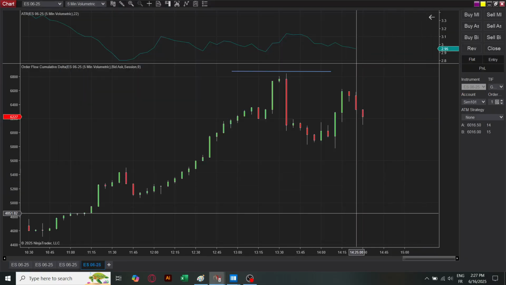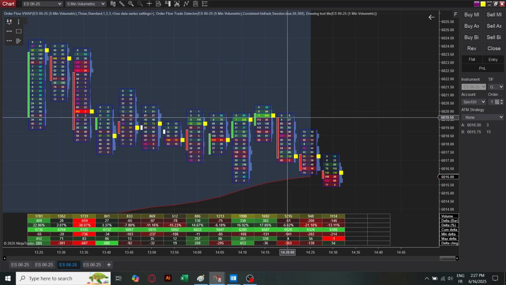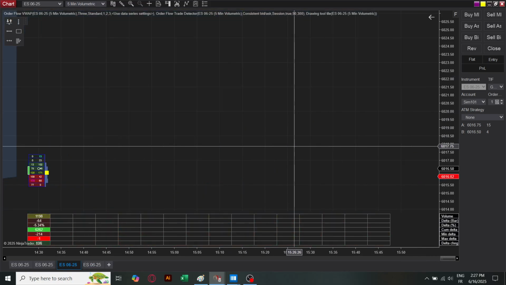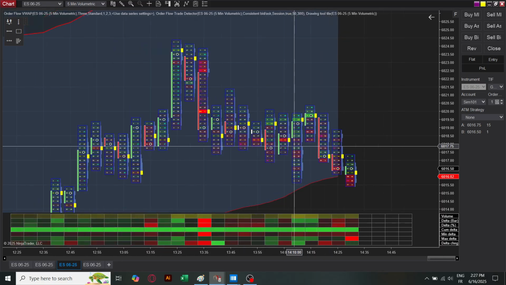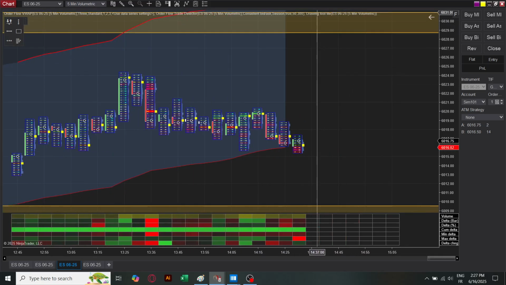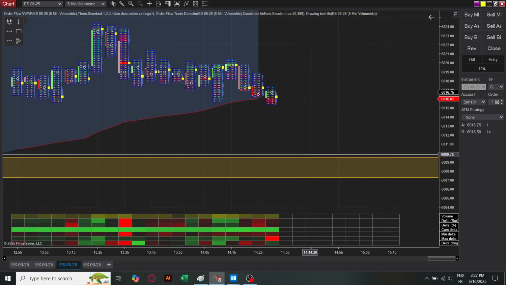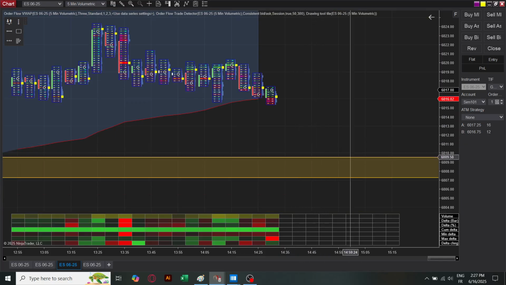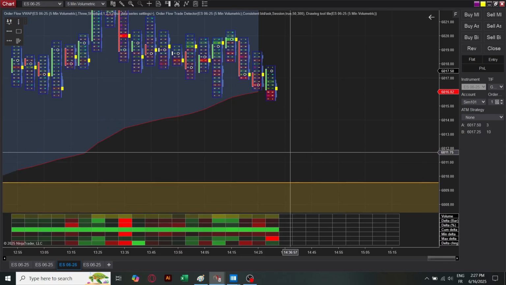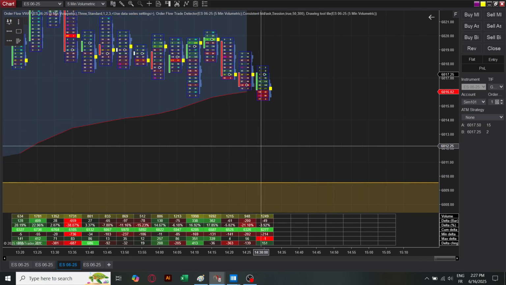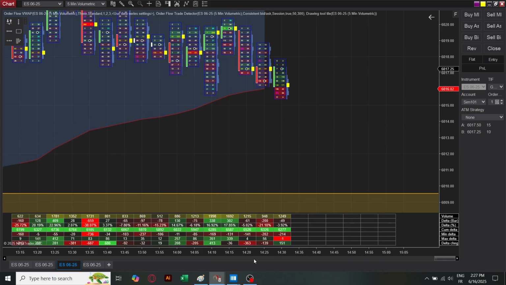Now that I'm back, you can clearly see that this is our level that we're going to wait for a breakout, and this is our level that we're going to wait for price to come to and then buy. 3 minutes, and then we have the New York session.